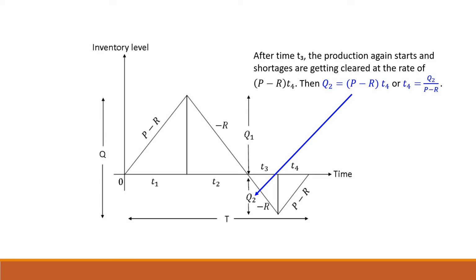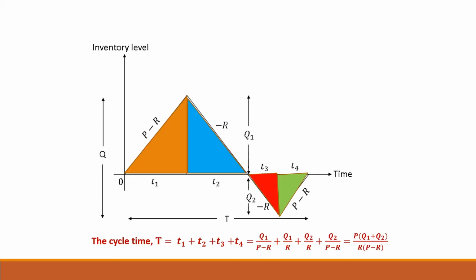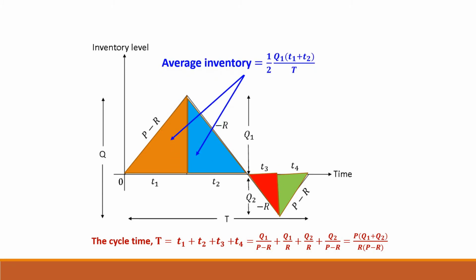So we have T1, T2, T3 and T4 in terms of Q1, P and R, or Q2, P and R. Now, during production phase and non-production phase, we need to find area of the triangle and then sum it up. That gives average inventory.